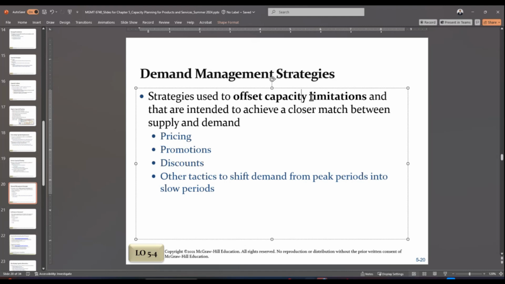Maybe the demand is going to be temporary, 180,000 for only 3 months. In that case, you can work with pricing, promotion, and discounting, and maybe shift demand from peak periods into slow periods.